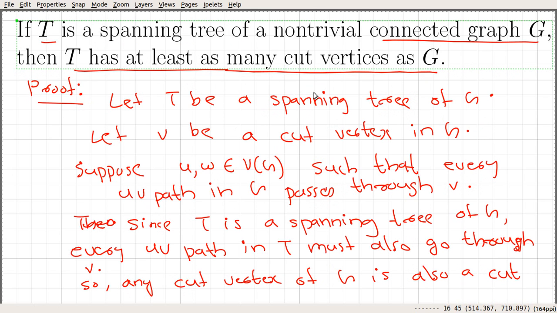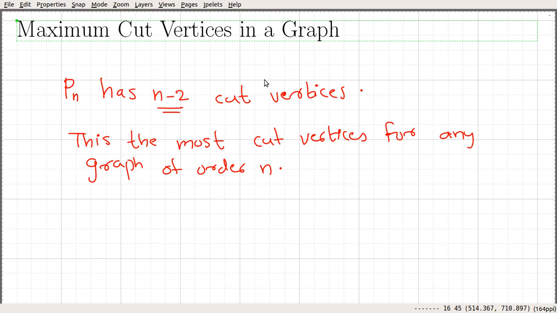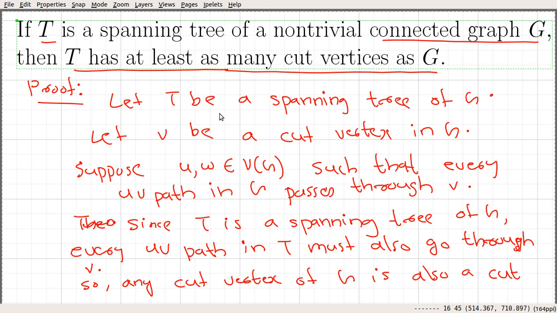We will use this statement to prove the upper bound, which says any graph is going to have at most n minus 2 cut vertices. So we will be using this statement.